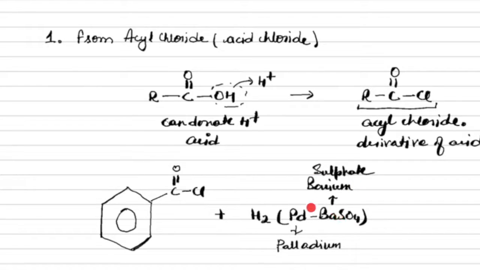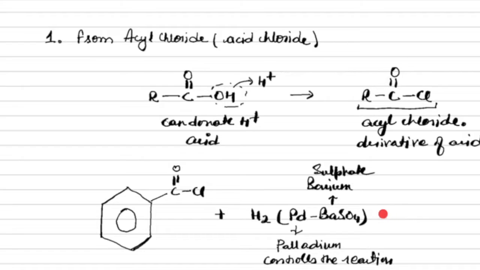Why do we need this? Because they control the reaction. In a way, they support the reaction. This controls that it happens properly. So the palladium and barium sulfate help us to control the reaction. They are the controllers.